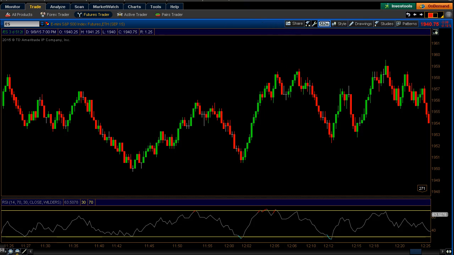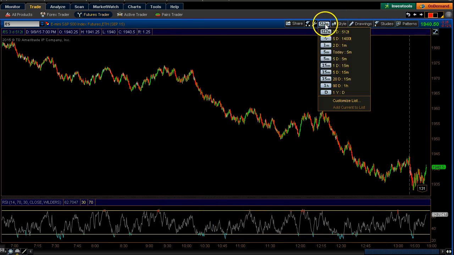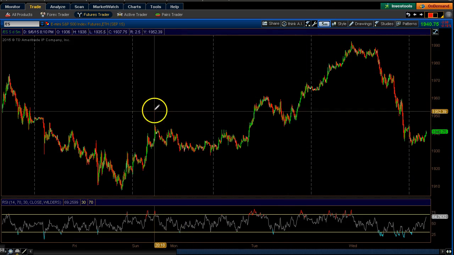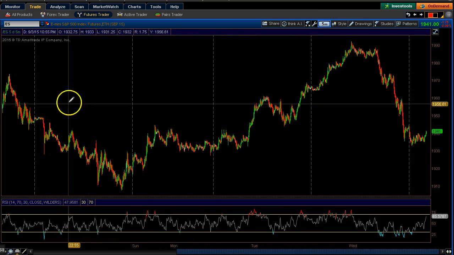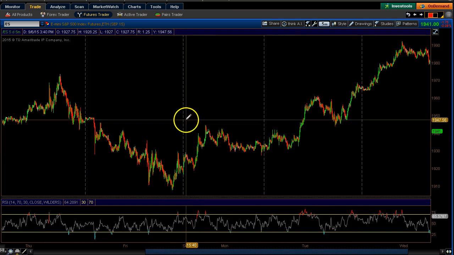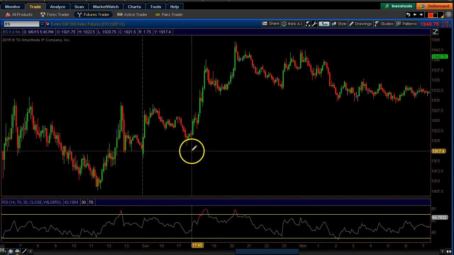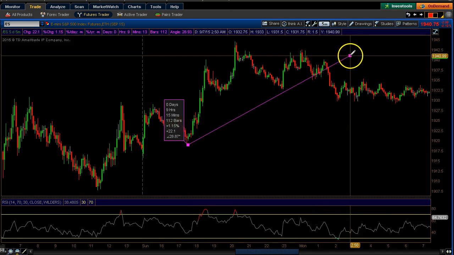Other patterns I like to look for are potential head and shoulder patterns. Now for head and shoulders, maybe I'll go to a 5-minute chart, and let's see if we could find a really clean one. We'll say this one right here, right? Kind of draw a trend line.